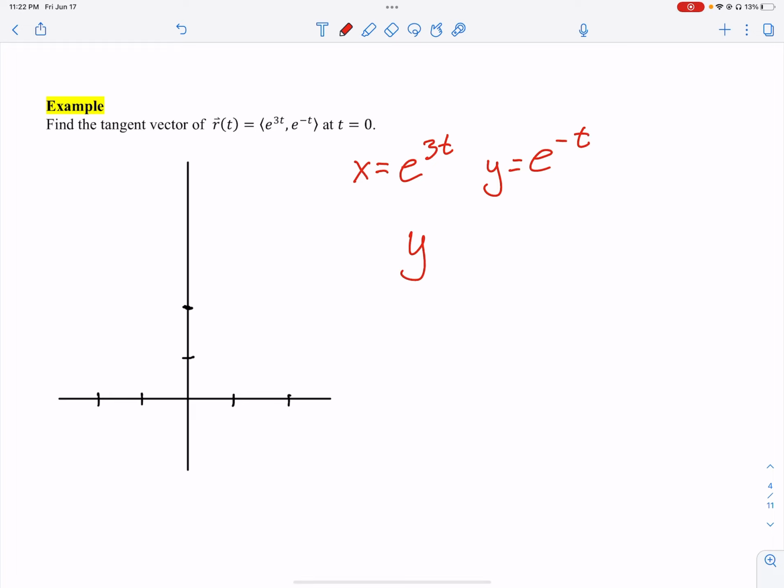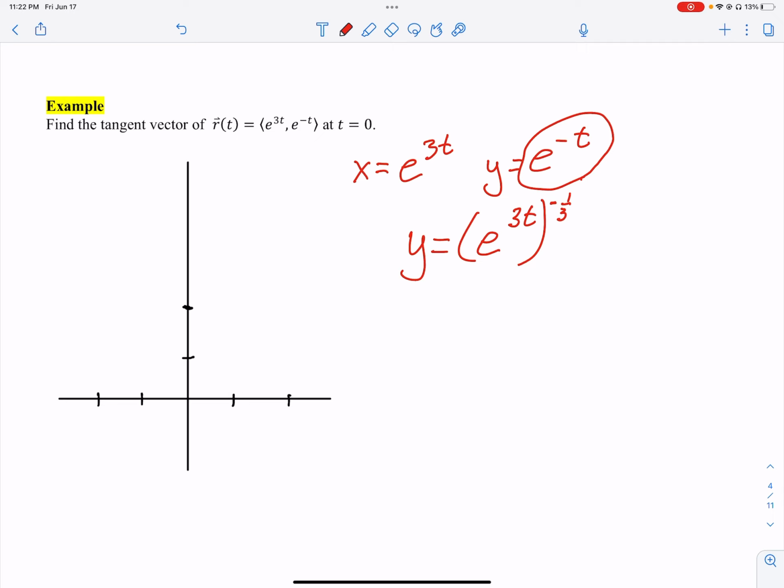So what I'm going to do is take y, and this is going to feel weird, but I'm going to make a 3t happen inside here. We want to manipulate it to be back to this. So what I'm going to put out here is I need a negative 1/3.